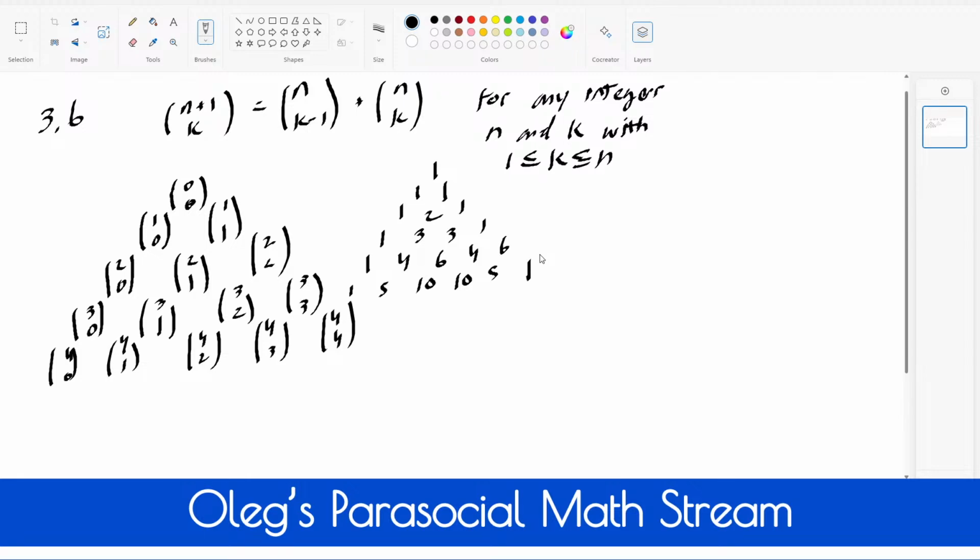Let me make sure we've got 1, 2, 3, 4, 5, and 1, 2, 3, 4, 5, 6. I guess we can just add the 5s here, so we have an even number of them: 5 choose 0, 5 choose 1, 5 choose 2, 5 choose 3, 5 choose 4, 5 choose 5. This is called Pascal's triangle.